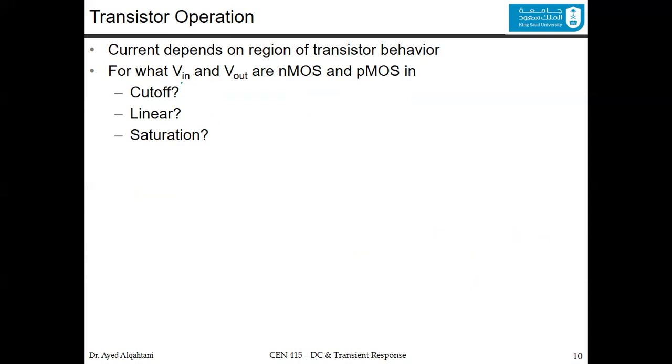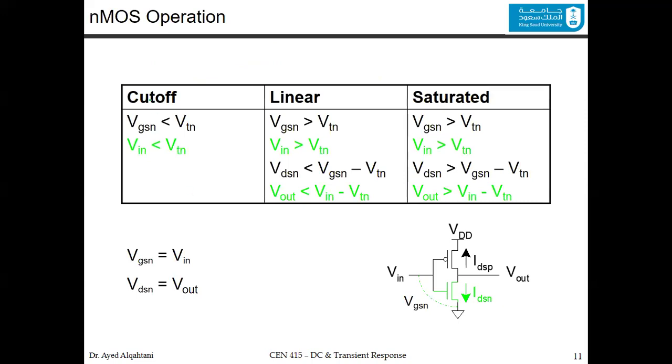So we will try to figure out the relation between the voltage at the input and the output of the NMOS and the PMOS from the equation that we already know, which is the Shockley model, where you have cutoff, linear, and saturation regions. To understand this better, we will remind you of what we've said before. In the NMOS, we have cutoff, linear, and saturation, and these are the conditions. The condition for the cutoff: if VGSN minus V threshold is less than 0, or you could rewrite it this way, if VGSN is less than the V threshold of the N, then you have a cutoff.